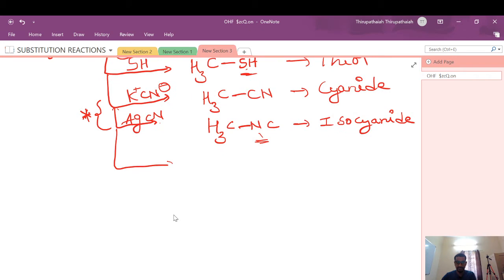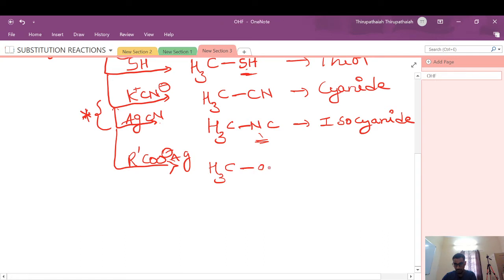In the same way, if you add a carboxylic acid salt, for instance RCOO minus Ag plus, this R group represents alkyl or any other side chain. It can be methyl, ethyl, propyl, benzyl, and so on. Then you will get CH3COOR, esters.